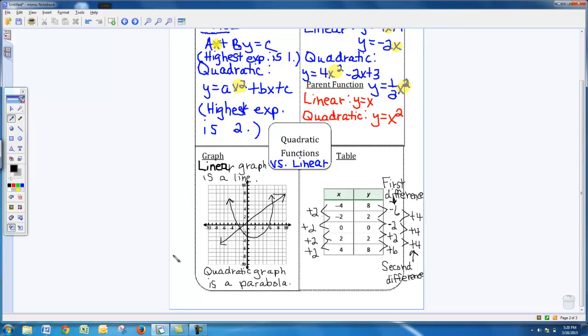And in a quadratic function, or a quadratic table, the second difference is always the same.